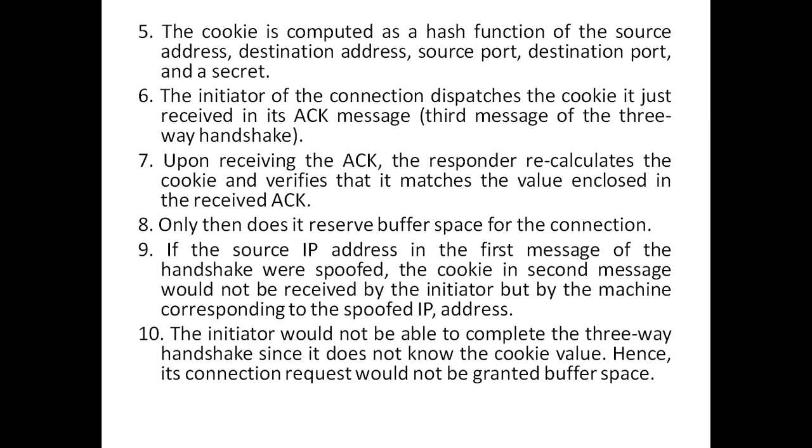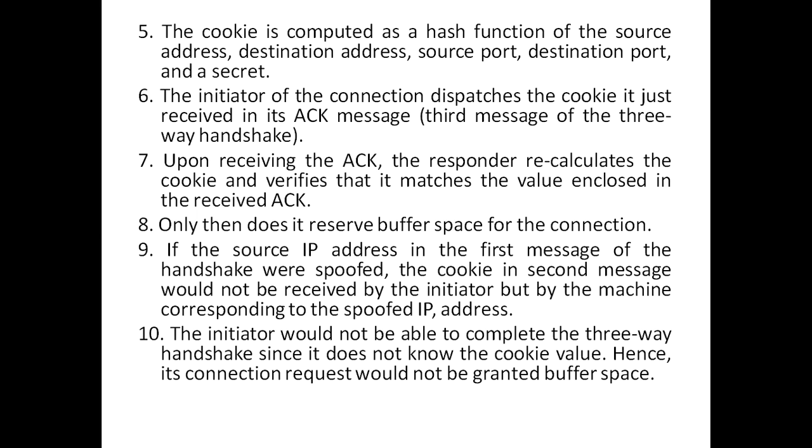The initiator of the connection dispatches the cookie it just received in its acknowledgement message, that is the third message of the three-way handshake. So remember, first it sends a synchronization packet, the first message. The second one computes the cookie, and that cookie is added to the message sent from the other side, that is the second message. And the third message is nothing but the acknowledgement message.